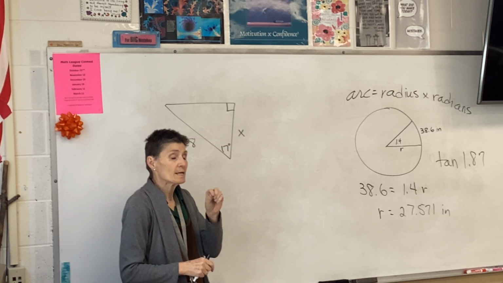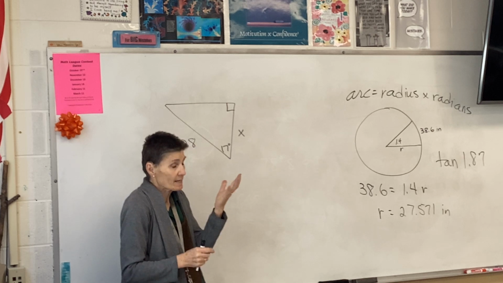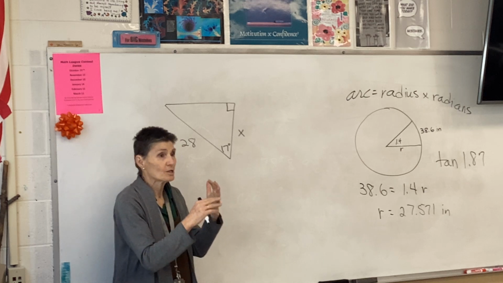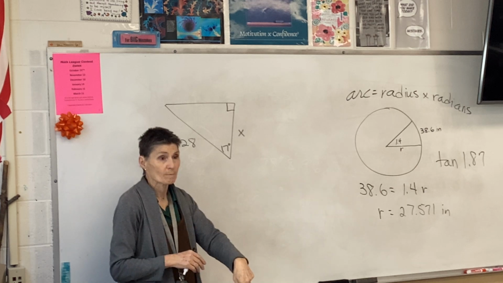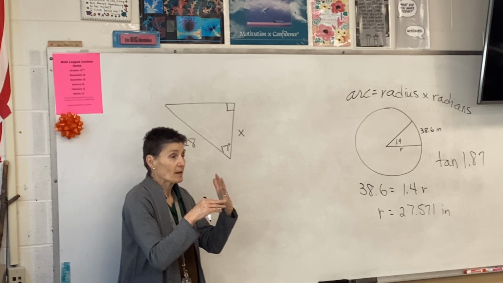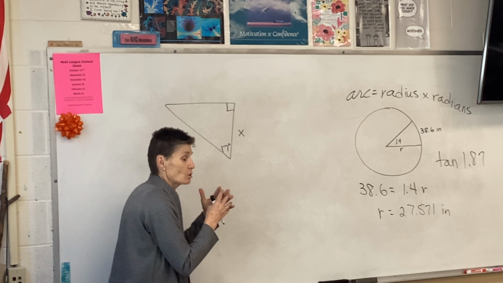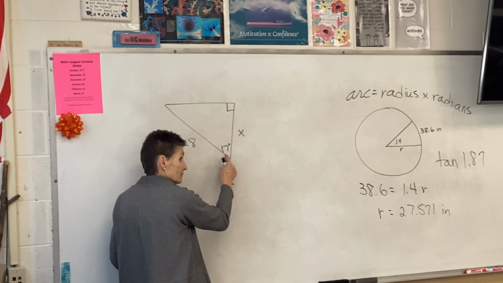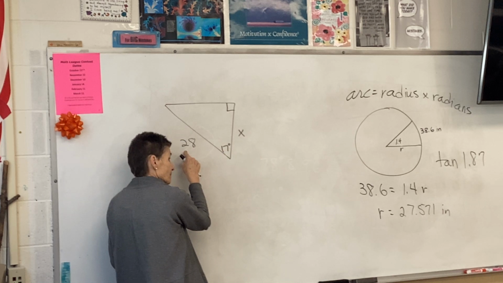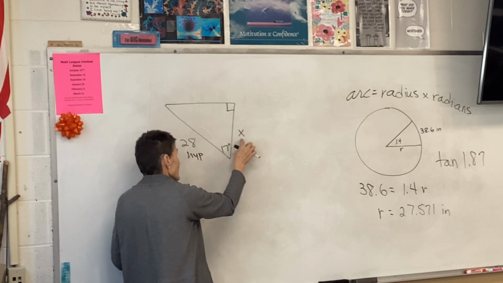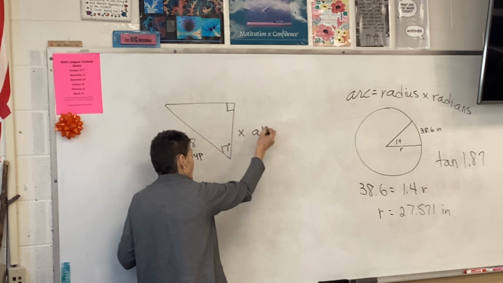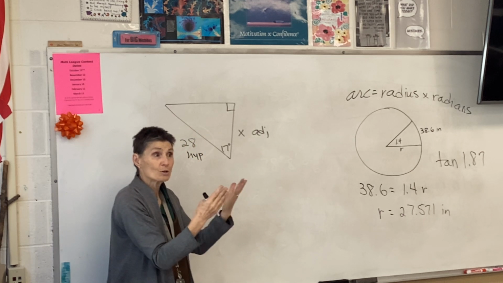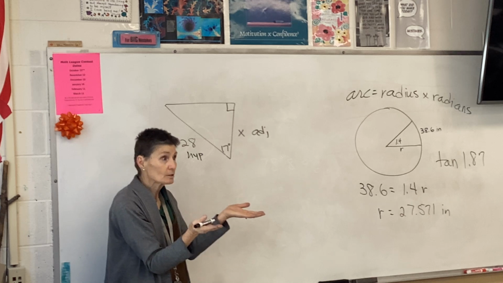So the first thing you're going to want to do, I think, is figure out which function, and you're always going to use sine, cosine, or tangent, because those are the buttons you have. And you got to figure out which one of those you're going to use to solve this triangle. So, there's your angle, right there. Which side is this? Hypotenuse. Which side is this? Adjacent. So you don't have a choice. You've got adjacent and hypotenuse, so you will use cosine.